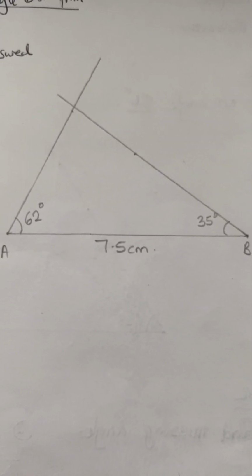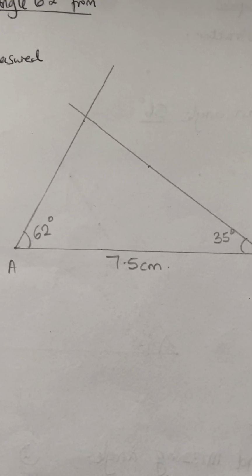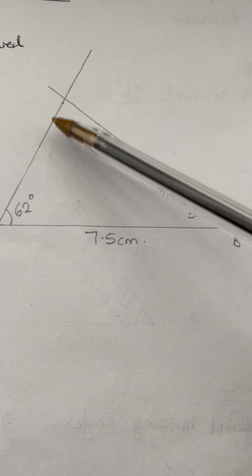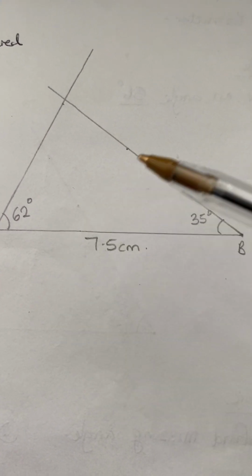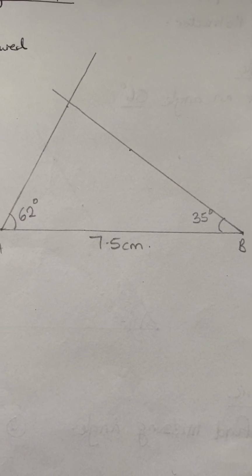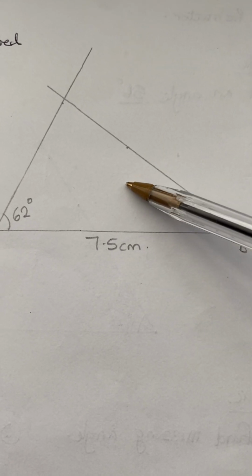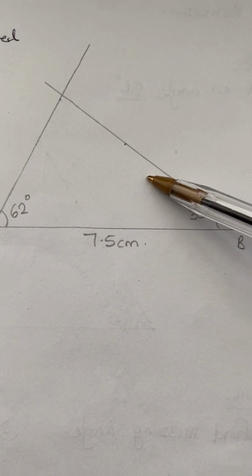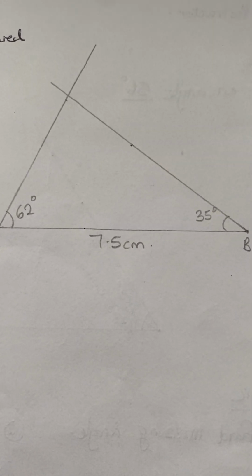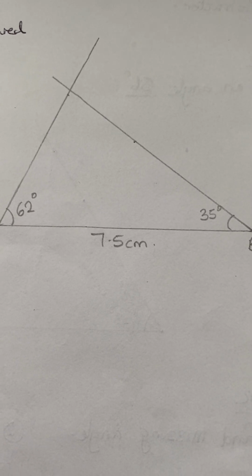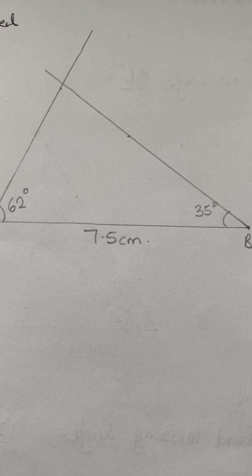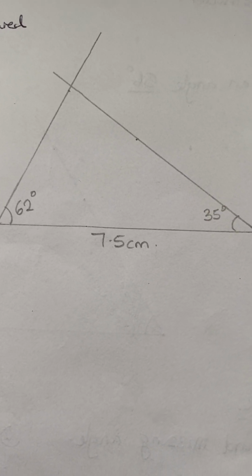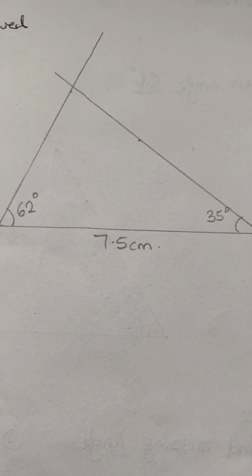It can push you into a higher grade boundary. So if you can do some of these things right, this can come in a non-calculator paper, because you don't need a calculator. All you need is a ruler, a protractor, and a pencil. You don't even need a compass. Just a ruler and a protractor.